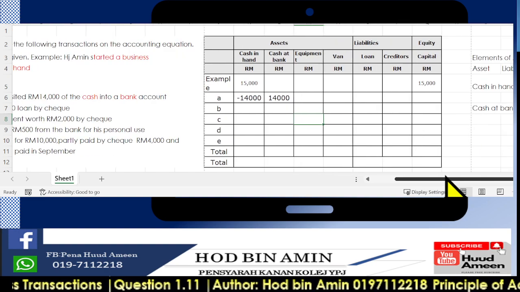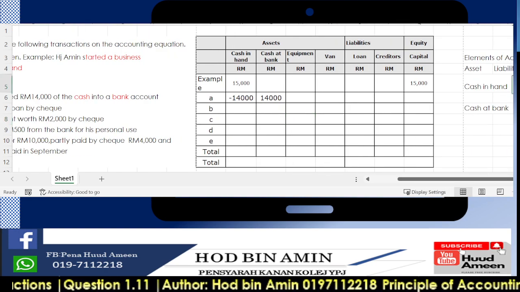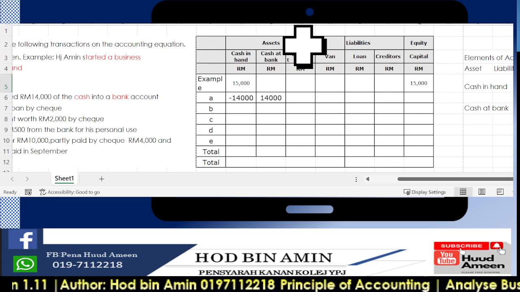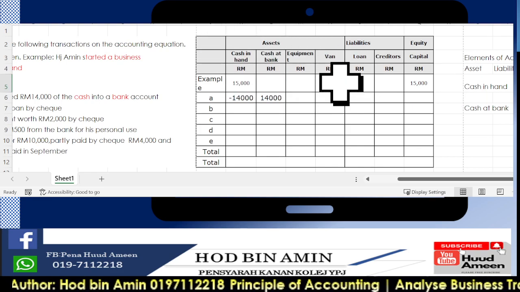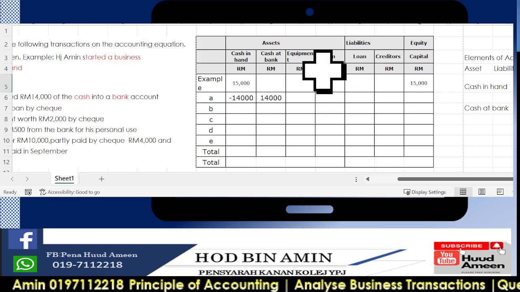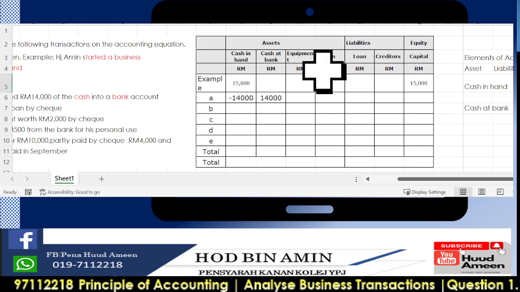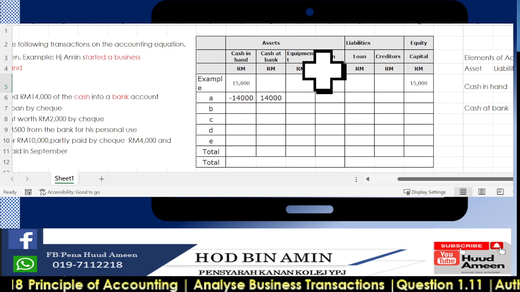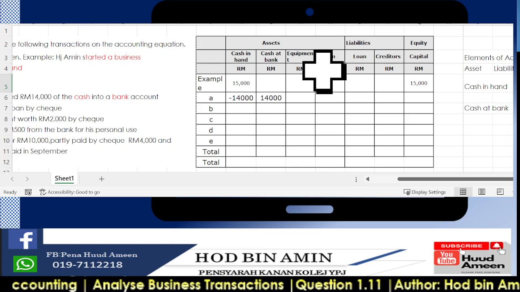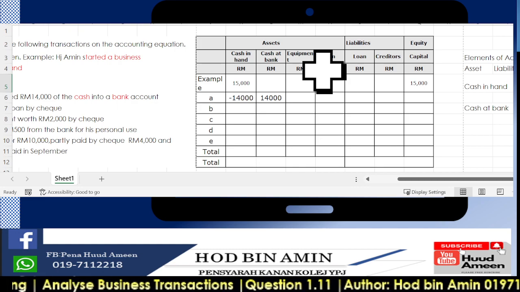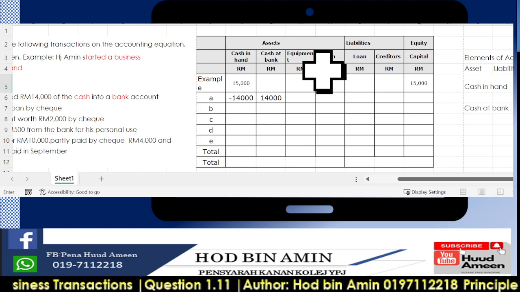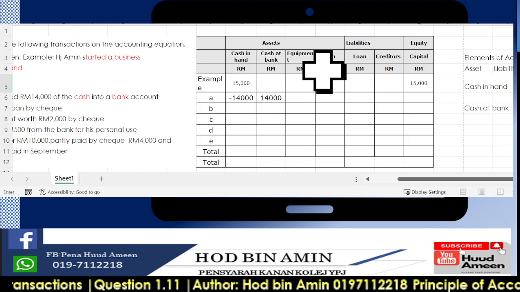So I repeat, cash in hand is under asset because in these equations or schedule, they have already given the element and the account. So cash in hand, you just fill into the account. Then after this, you have to remember cash in hand is under assets, right? Cash in hand is negative because we take from the 14,000.